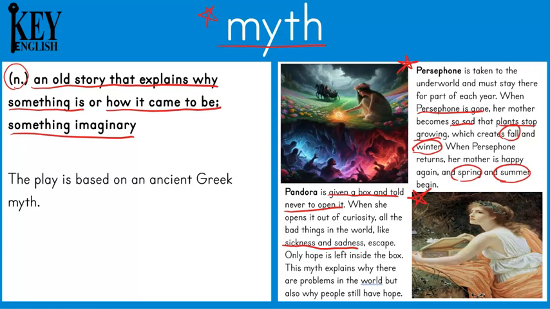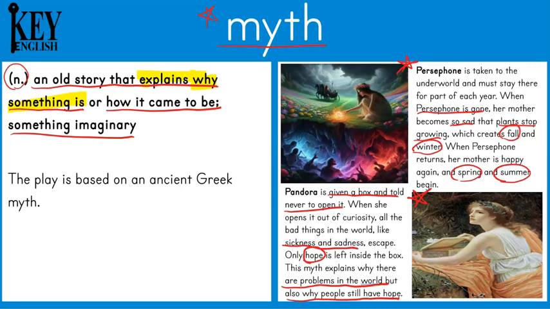The only thing that's left inside the box is the feeling of hope. So this myth explains why there are problems in the world, but also why people still have hope. The important thing to remember about this word myth is that it specifically explains why something is or why something happens.